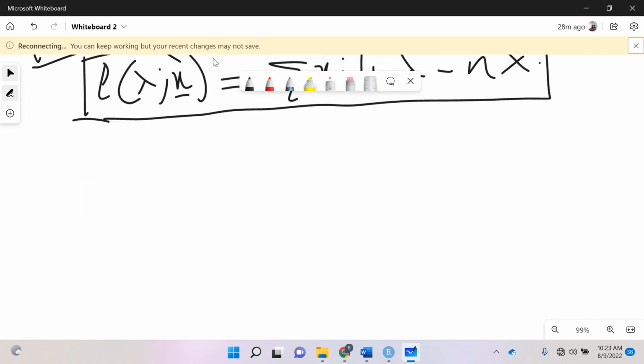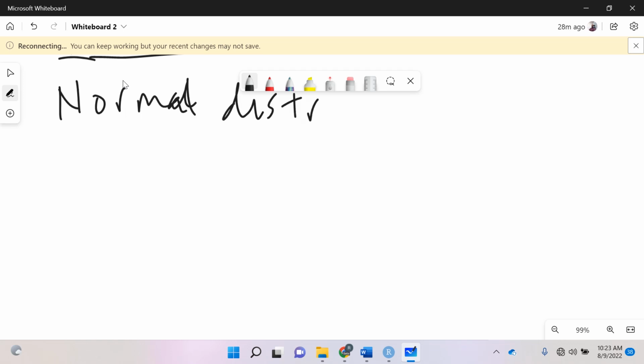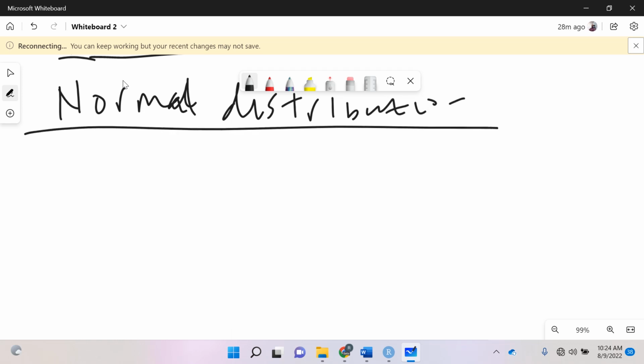Let me go up. Okay, so the normal distribution. So for the normal distribution, I'm just writing the log likelihood.